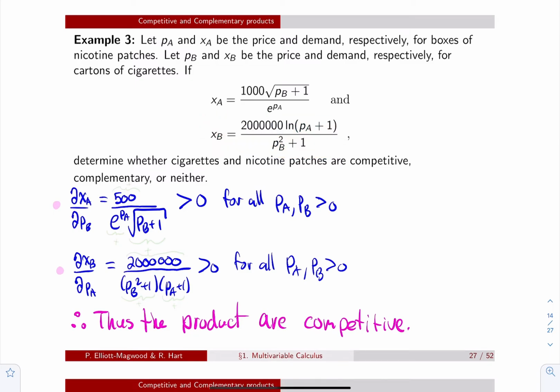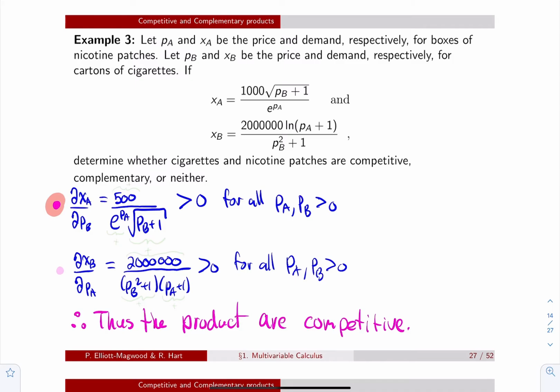Let's decide here if these two products are competitive or complementary, or if they have no special relationship according to our definition. So here, as an exercise, I'll let you do this. If you compute ∂XA/∂PB, you're going to get 500 over e^PA times the square root of PB plus 1.